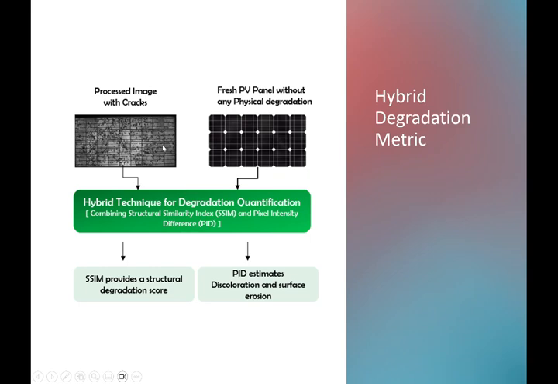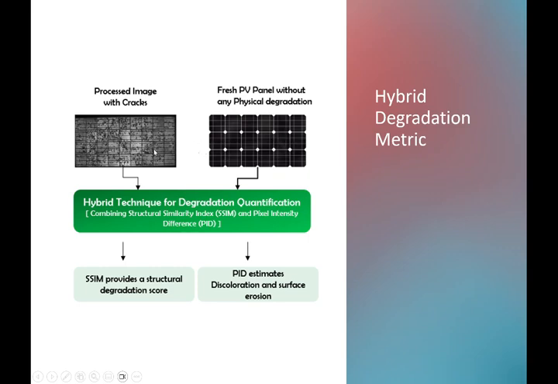Then, to compare, we plotted the processed image from our technique here, and this was the image of a very fresh PV panel. We applied the exact same techniques on this panel to compare both plates, to see how much the first panel on the left side has deviated or degraded.